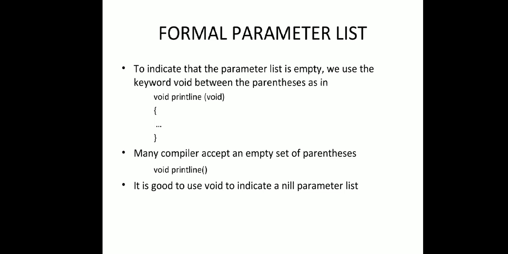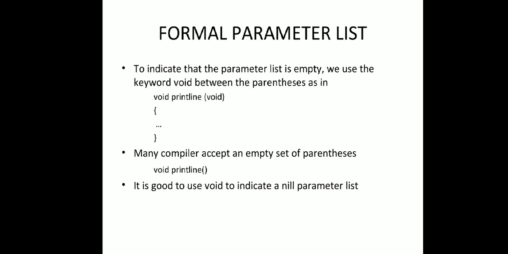If the parameter list is empty, meaning the function is not taking any input, then inside the parentheses we can write void. It means that there is no input for that function. Even if you don't use void, by default C assumes that it is empty. We don't have to explicitly specify it. Many compilers accept an empty set of parentheses.